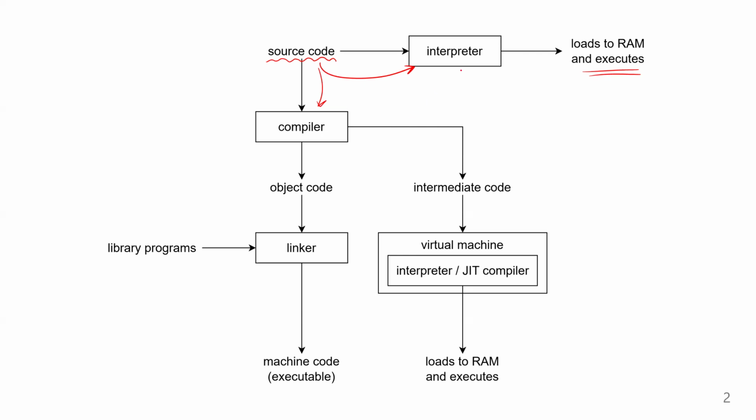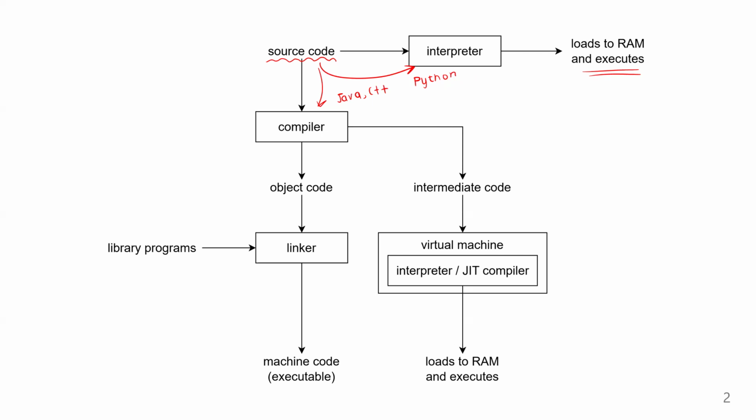An example of a programming language that supports interpretation is Python, and an example of a programming language that supports compilation is Java or C++, right? Now, of course, the process of compilation is pretty straightforward, but we'll remind ourselves of compilation later on in the slides as well.